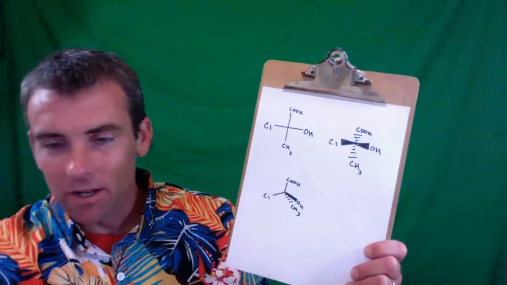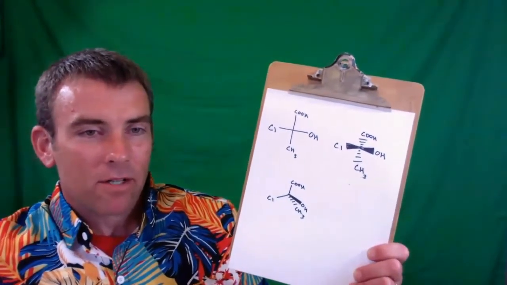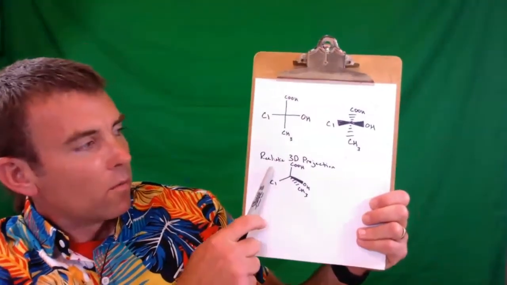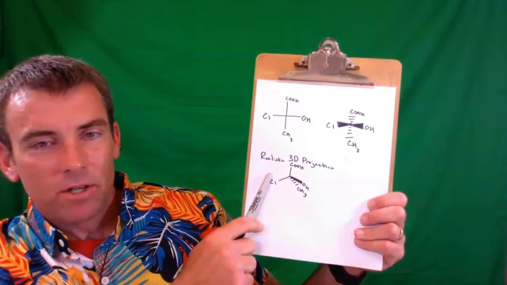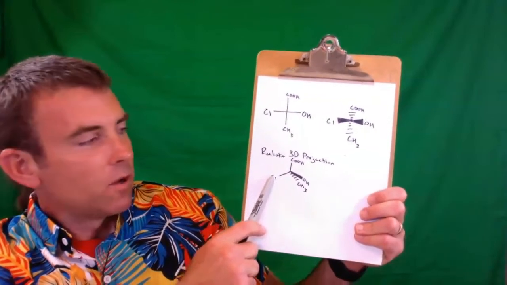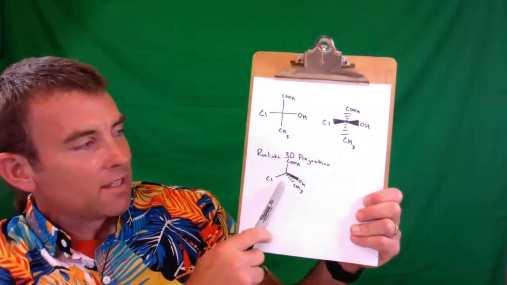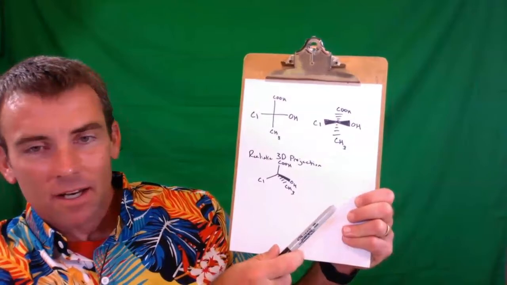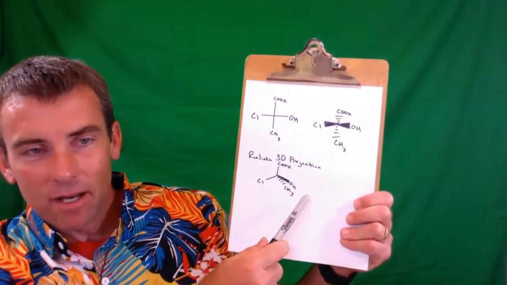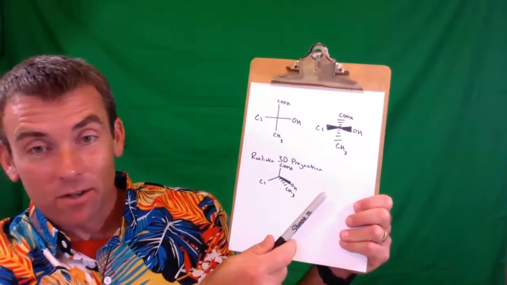And this is what's called a realistic 3-dimensional projection. So a realistic 3D projection right there. It would still be the case that if I took this and reflected it in a mirror plane, I would end up with the enantiomer.